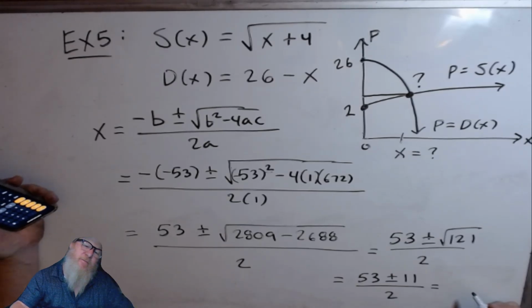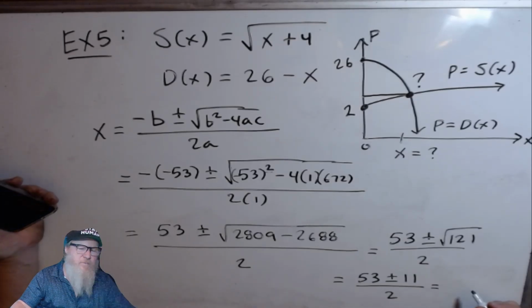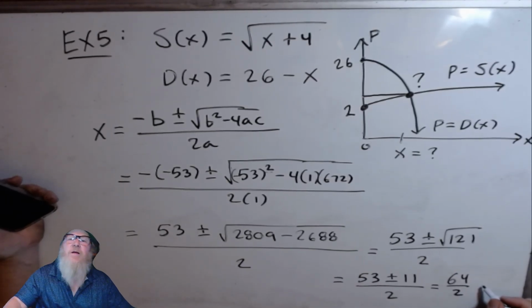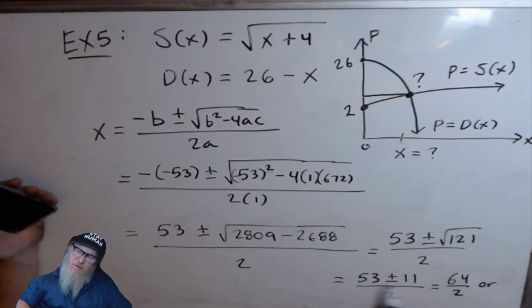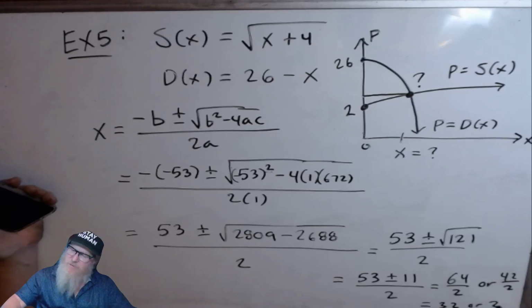Oh, that's interesting. 64 over 2 or 42 over 2, 32 or 21.